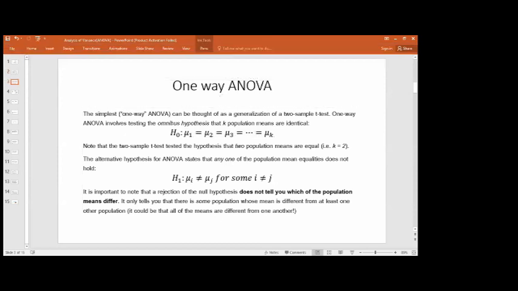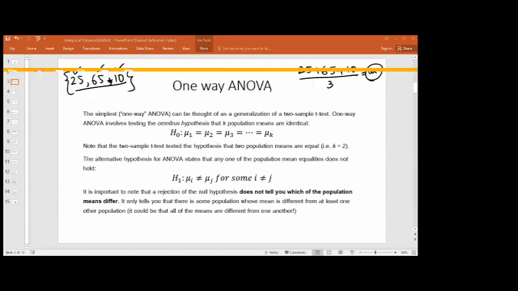For example, we have two, three or four groups. We calculate the mean of each group and observe whether all means are equal or not. If they are equal, then we say the null hypothesis is satisfied. If we have only two groups, then we apply the t-test.